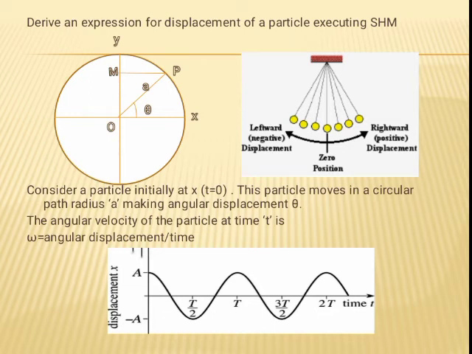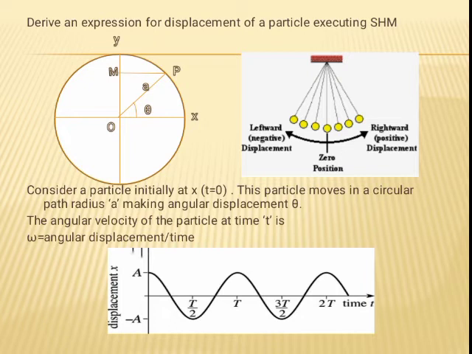Understood? Now, going into deriving, it says: consider a particle initially at x. So let us consider a particle at x, where my time is zero, it has not even started. My time is zero. This particle moves in a circular path. So it says first that it moves in a circular path. So what am I doing?